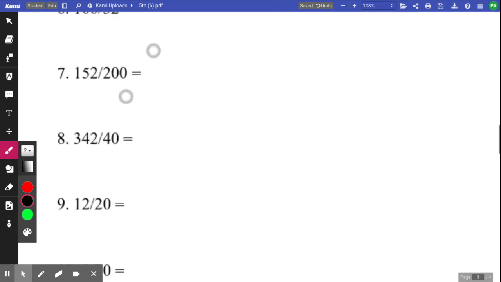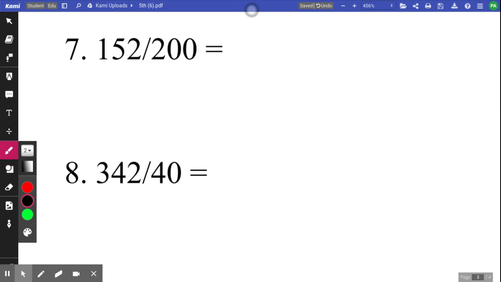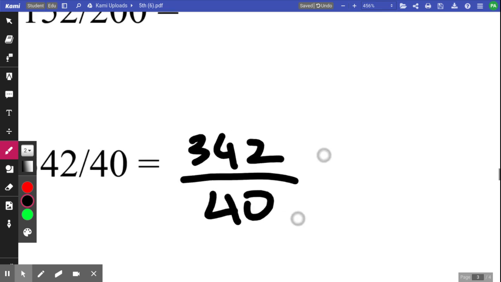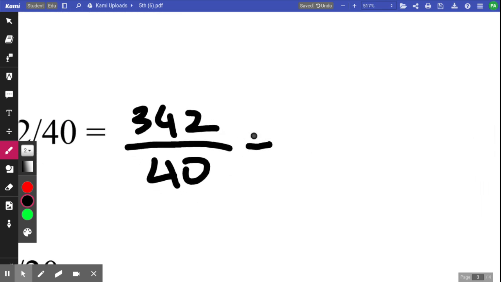Let's try one more. 8. 342 over 40. It's essentially the same thing. You just find numbers that both numbers divide by. Just because the numerator is bigger, that does not mean it's any different. So we can try 2.